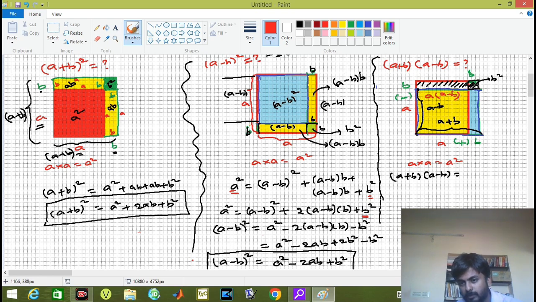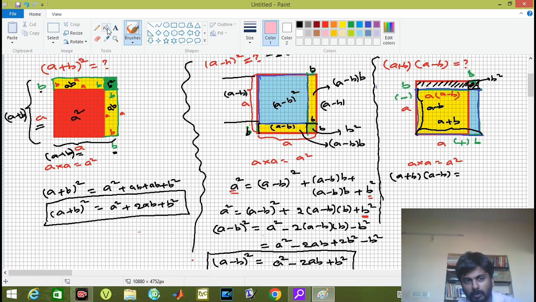Now the remaining side, for that I am using pink color.